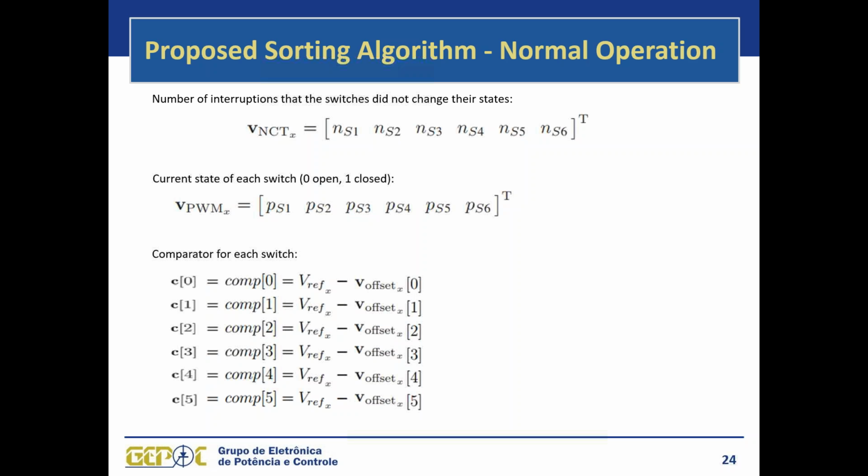So we count the number of interruptions of the carrier that have occurred during the time, and whether that given switch changed its status on that interruption or not. So this vector stores the number of DSP interruptions that the switch did not change its status.